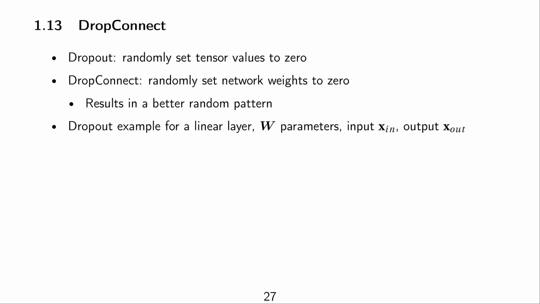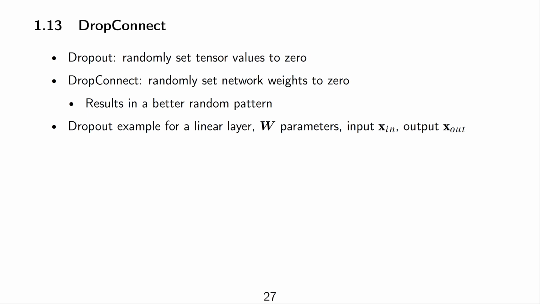So this DropConnect I liked for its idea, maybe again not a very popular technique that is used a lot, but I thought it's one of the versions of Dropout that is interesting. In Dropout, we randomly set tensor values to 0.